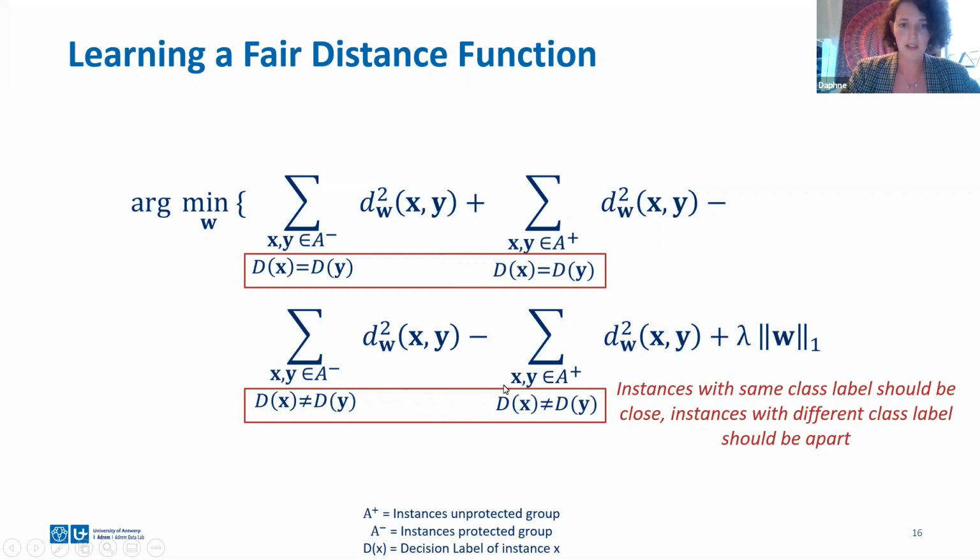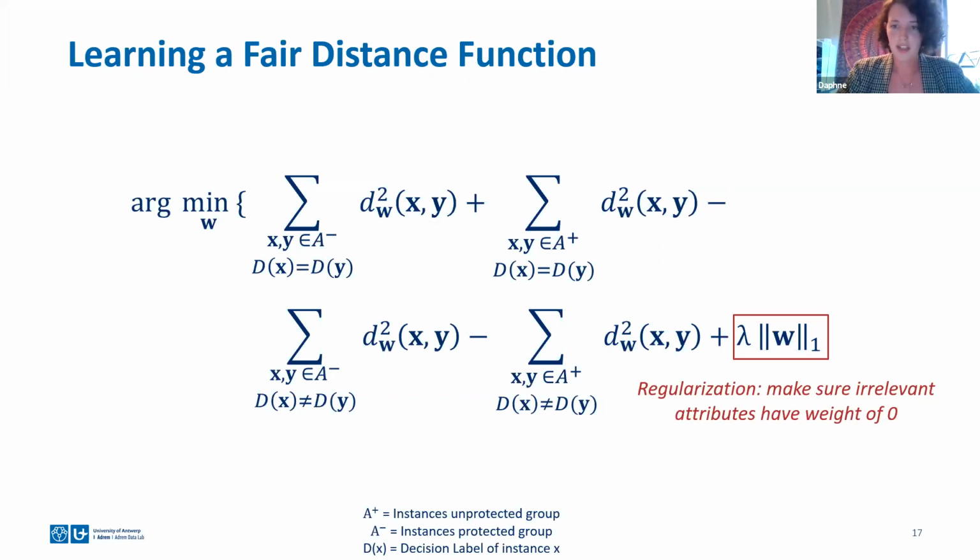So we're subtracting these terms from this term. What that should do to the learned weights is make sure that features that typically contribute a lot to having a positive class label also get a high weight.